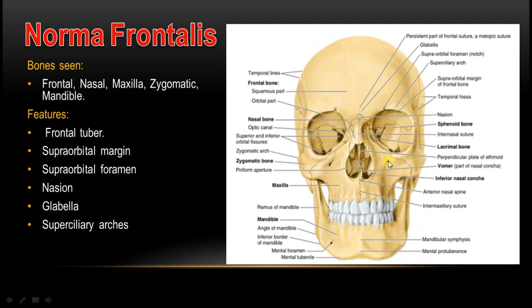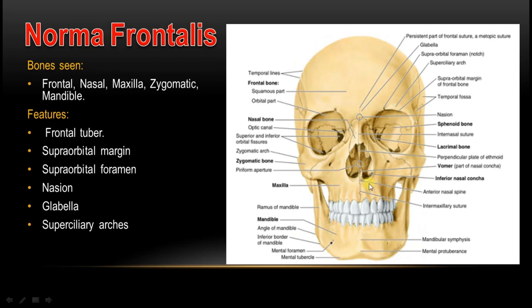Here one interesting point: the supraorbital foramen, infraorbital foramen and mental foramen all three lie in the same straight line. The supraorbital nerve is from the ophthalmic division of the trigeminal nerve, the infraorbital nerve is from the maxillary division, and the mental nerve is from the mandibular division of the trigeminal nerve.